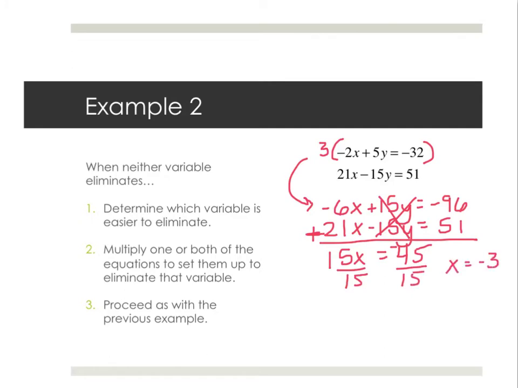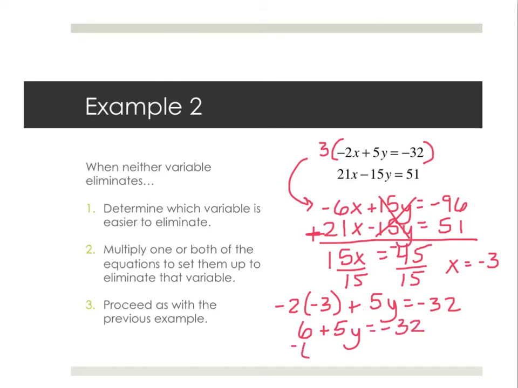Go back, plug it in, find your value for y. Ooh, got a little messy there. Let's fix that. So we are manipulating the equations in order to get the result that we want. Now, we don't always have to use whatever method we have handy. We like to use methods that are easier, faster, and more efficient.